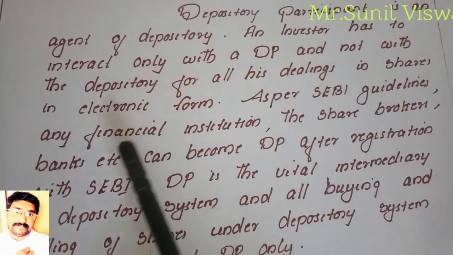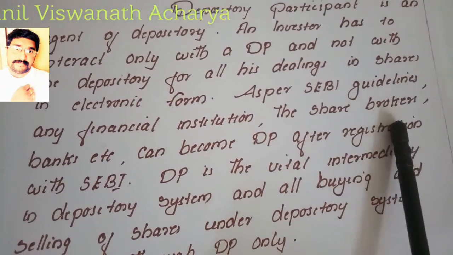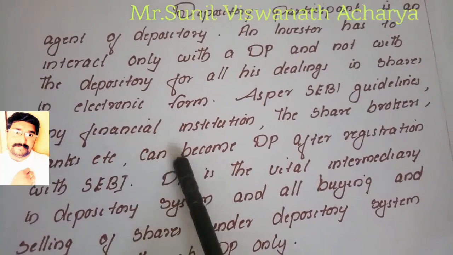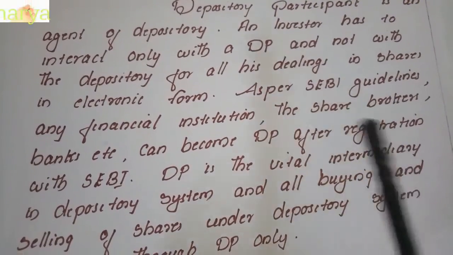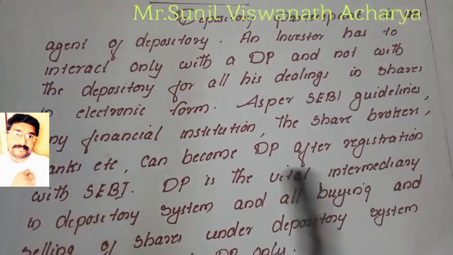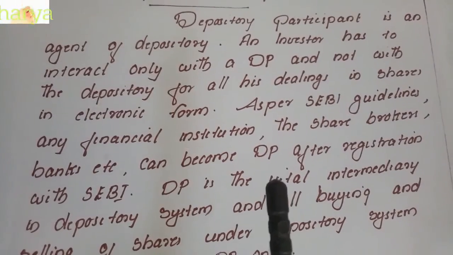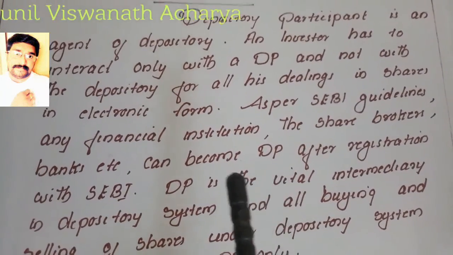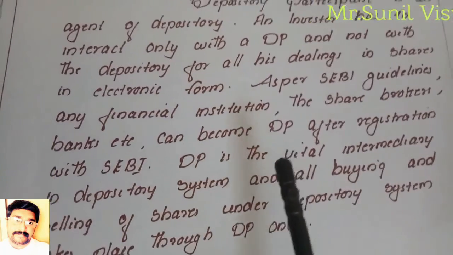As per SEBI's guidelines, any financial institution, share broker, bank, etc. can become a depository participant after registration with SEBI. Only then can they become a depository participant.